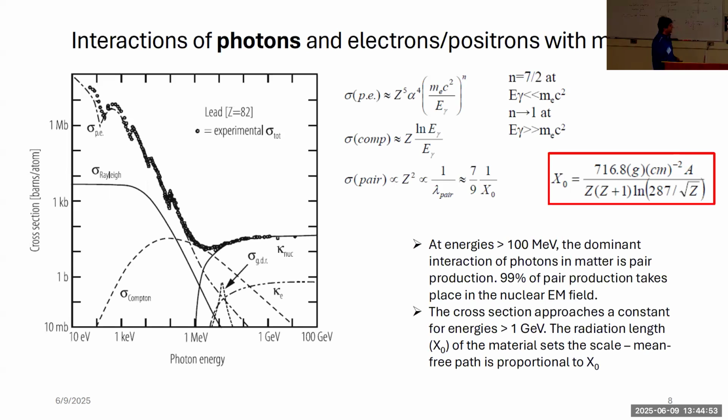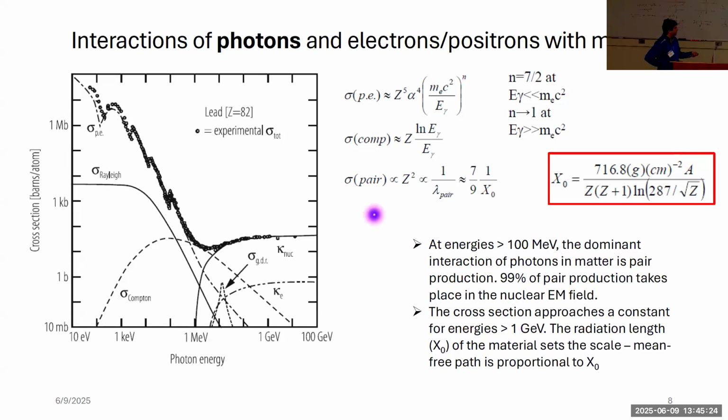The first thing is that for photons, there are various processes that can happen when they interact with matter, and these processes are energy dependent. At lower energy, photons can either undergo the photoelectric effect or Compton scattering. Above 100 MeV, the dominant interaction of photons with matter is pair production.